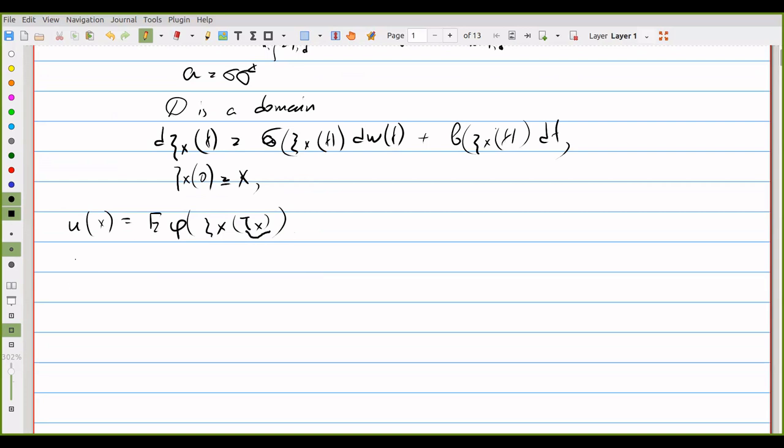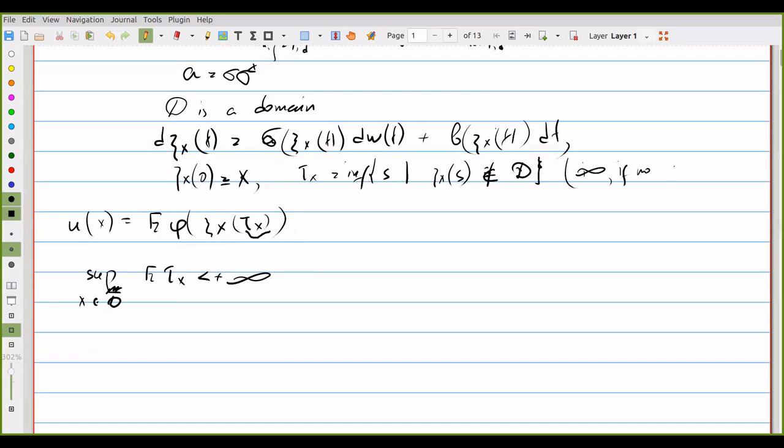And such additional condition was of the following form, that supremum over all x's inside, and tau x is the moment this process psi x of s hits boundary, or infinity if no such s. And one condition that we discussed was as follows.